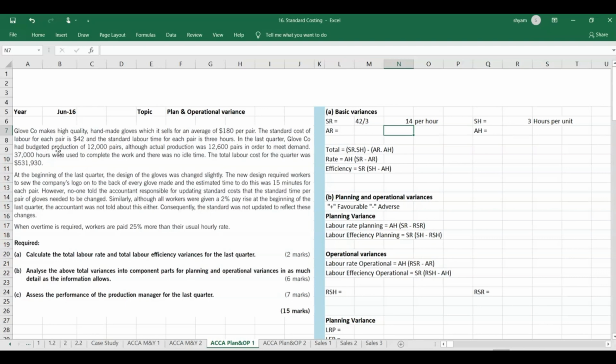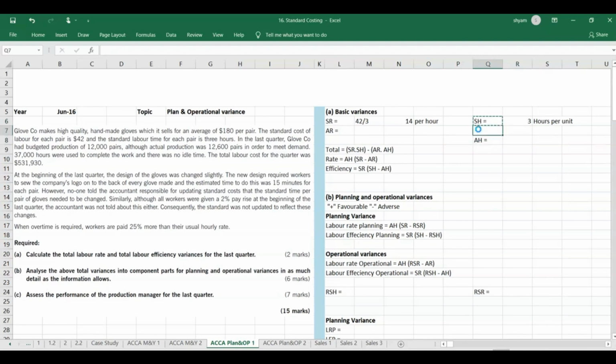Okay, so the next one. Glovco had budgeted production of 12,000 pairs. They thought of selling 12,000 pairs, although actual production was 12,600 pairs. So is it useful anywhere? Yes, to find out the hours. Hours per unit is 3.